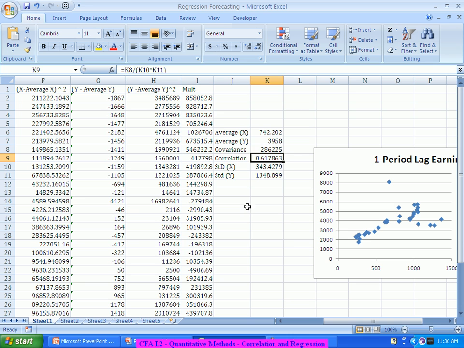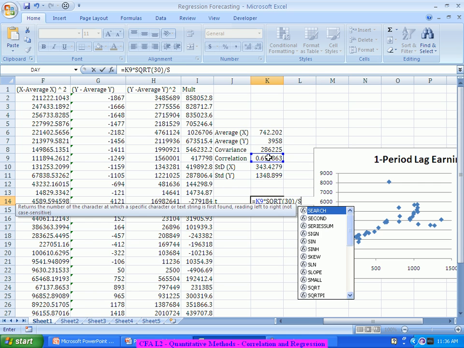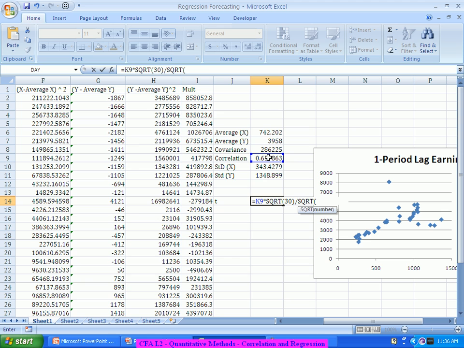Now my t-test is nothing but r, which is 0.61, into square root of n minus 2, where n is 32 so n minus 2 is 30, divided by square root of 1 minus r squared.